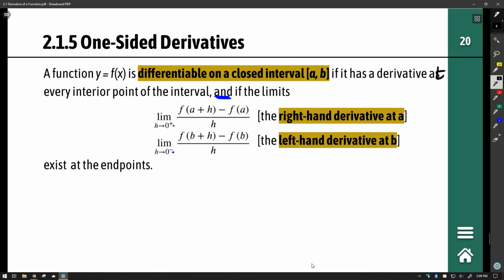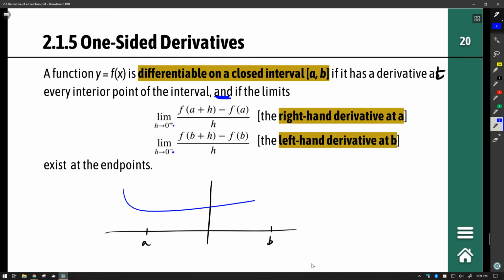So here's what we're thinking about. If there exists some function that begins at a and ends at b, or at least exists through them, we want there to be differentiability between a and b, every point in the middle, but we also want there to be right-hand differentiability at a.